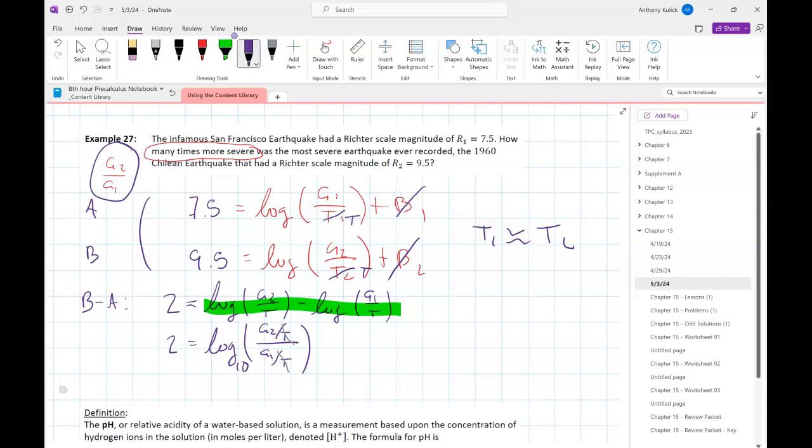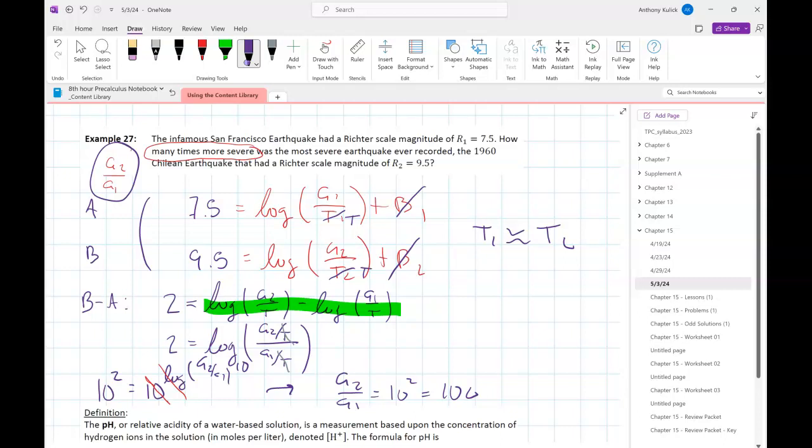It's exponent base 10. So we'd have 10 squared equals 10 to the log of A2 over A1. So we get A2 over A1 equals 10 squared, or 100. So it was 100 times as intense, the earthquake in Chile, as it was in San Francisco.